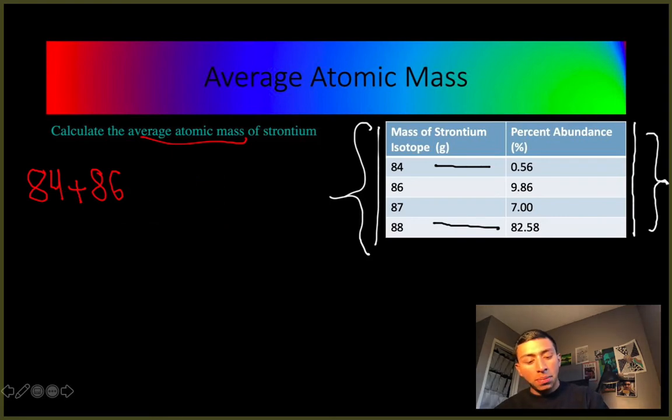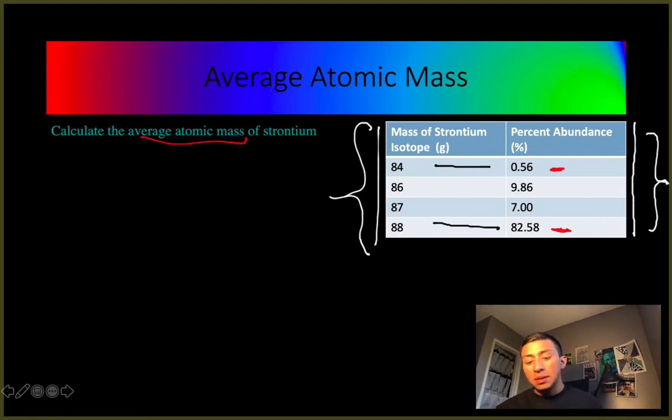And we don't really do that because, look, it's not fair. 82.58% of the time, strontium-88 is found, as opposed to 0.56% of the time, strontium-84 is found.